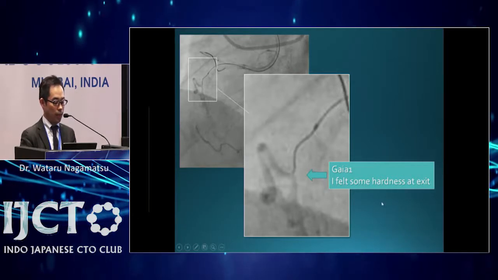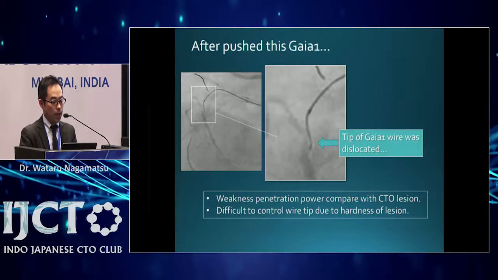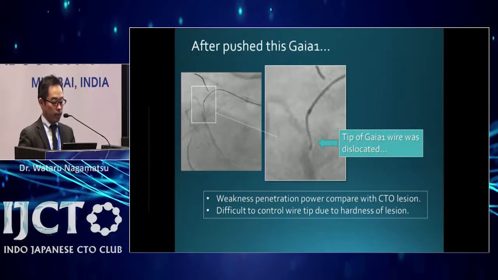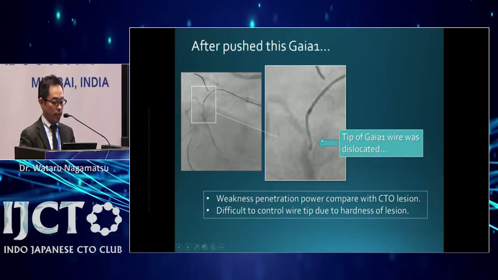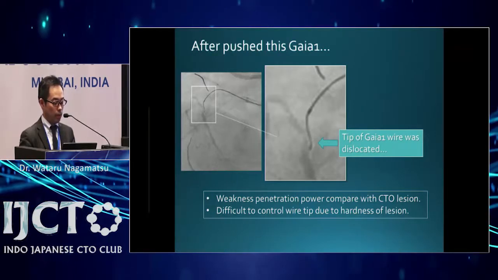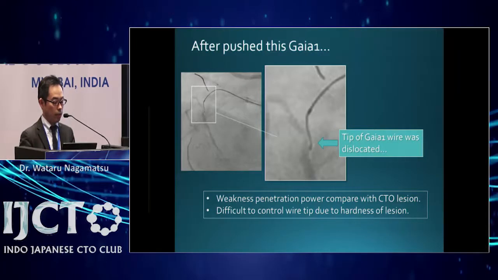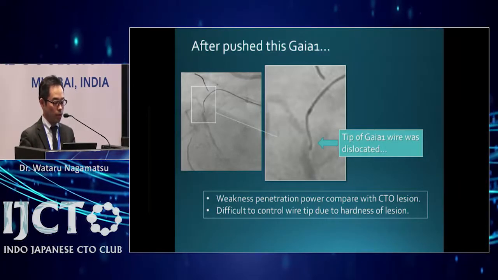But this time I felt some hardness at the exit, so after pushing this Gaia First wire, it dislocated like this. I felt weak penetration power compared with the CTO region, and it was difficult to control the wire tip due to the hardness of the region.